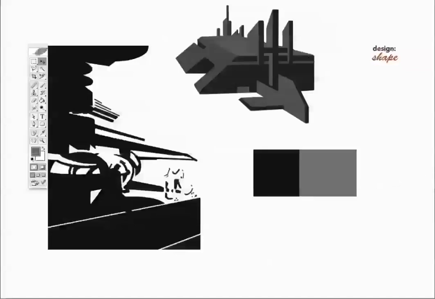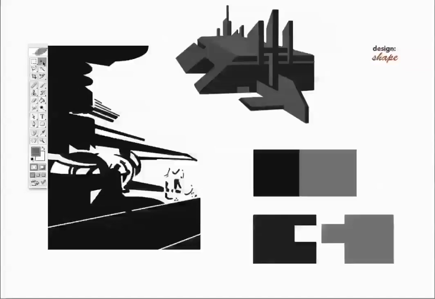But if you create something like this, you see, when I bring these two shapes together, one interlocks with the other. But they don't interlock with the negative space surrounding it. So what needs to be done is I have to cut into that shape, push into the shape with the negative space, like that.